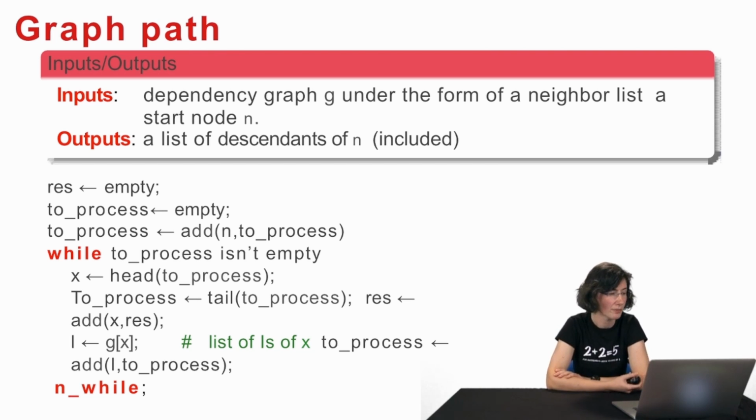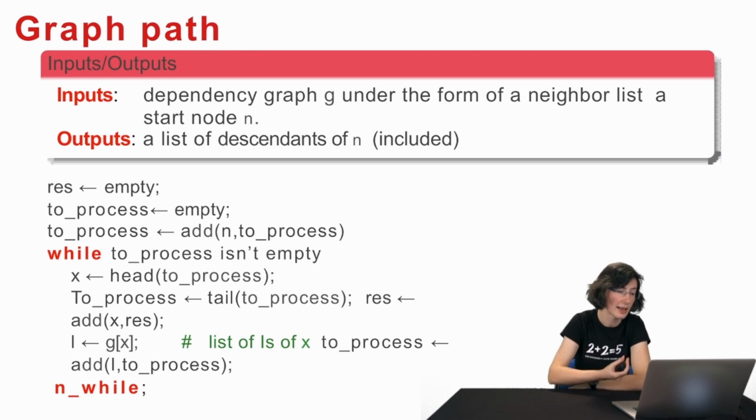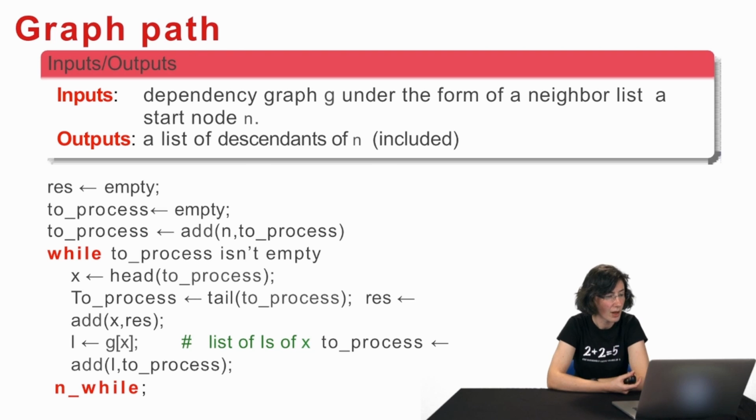Then, I look at the to_process variable that can be represented with several different data structures, by the way. As long as it's not empty, I take a value out of this list or data structure. I extract it completely. I retrieve x and to_process is the previous to_process without this x variable. I add x in the result.